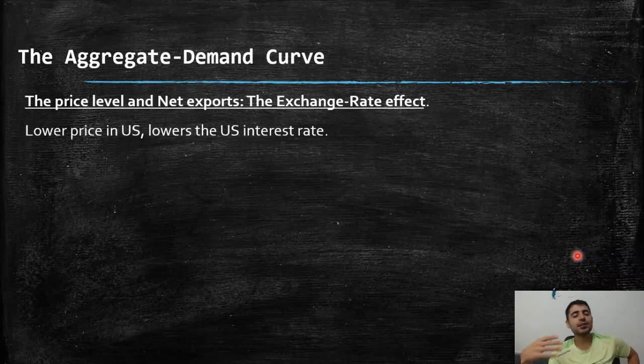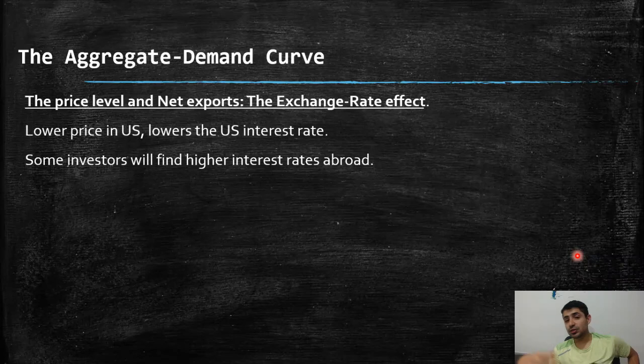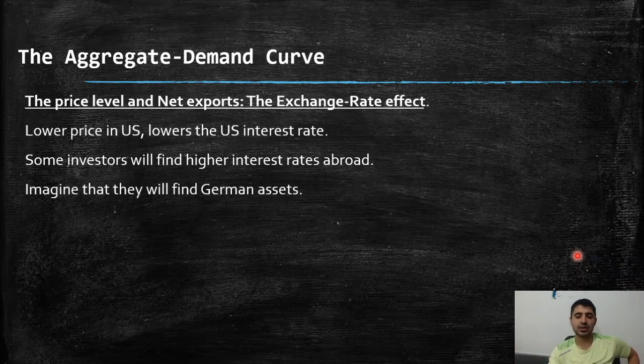When we have lower prices in the United States, we have a lower US interest rate, so some investors will find higher interest rates abroad. They prefer to invest abroad instead of investing in the United States. Imagine they find German assets because the yield is higher over there.